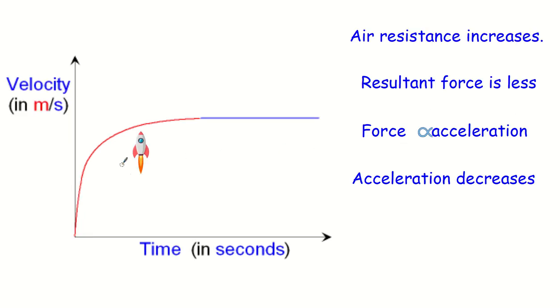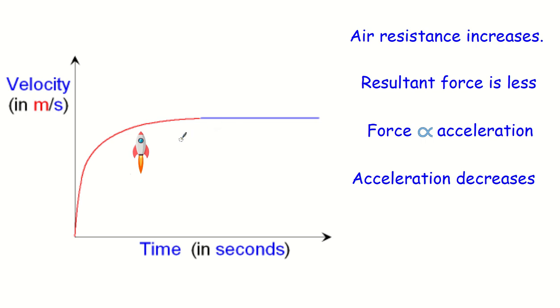Okay, now, as the rocket gets higher up into the air, it's accelerating, but as it's accelerating, air resistance starts to increase. Now remember from falling objects, when objects are falling through the air, as speed increases, air resistance increases. This is now an object that's moving upwards instead.